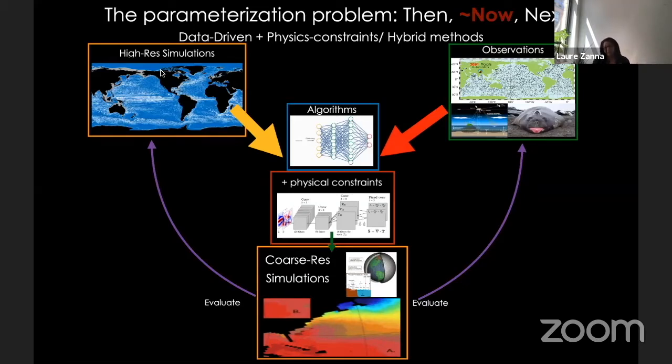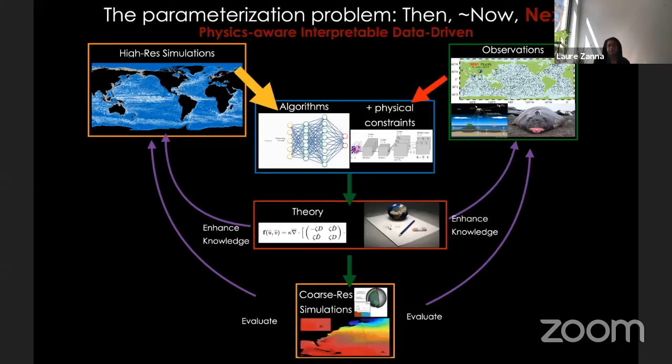We've been taking things one step further, which is trying to make things interpretable and physics aware. And I think that's where things are moving forward, or at least that's the way I'd like to see them move forward, and where we're putting a lot of effort.